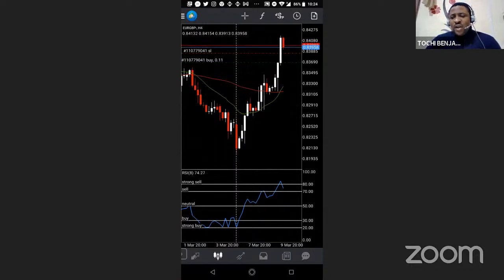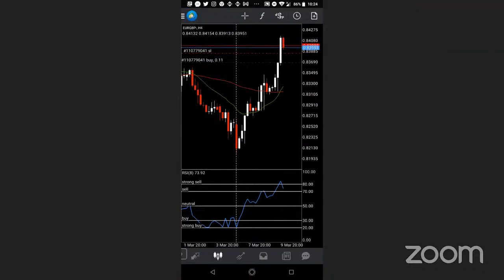Harmonics gives you measurements for you to identify something like a bat, a cipher, a crab, a butterfly, all of those names.